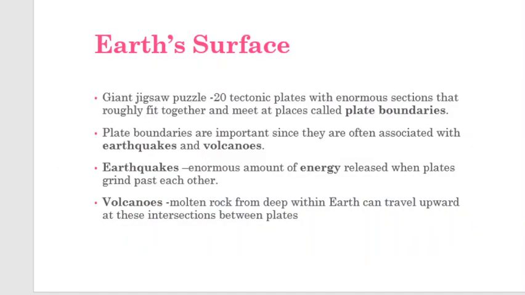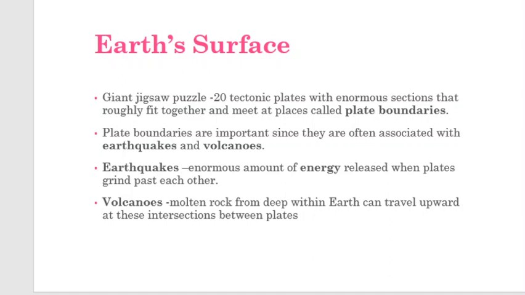First, let us look at some of the important features of the Earth's surface. The Earth's surface is a giant jigsaw puzzle composed of 20 tectonic plates with enormous sections that roughly fit together and meet at places called plate boundaries. Plate boundaries are important since they are often associated with earthquakes and volcanoes.